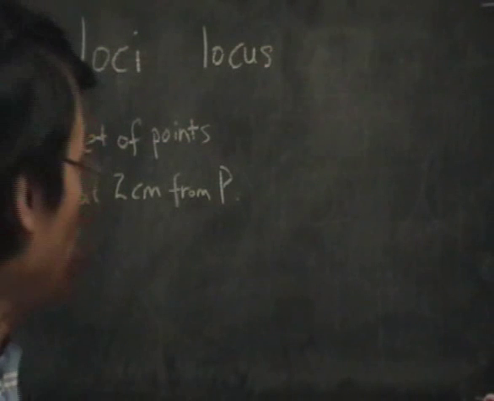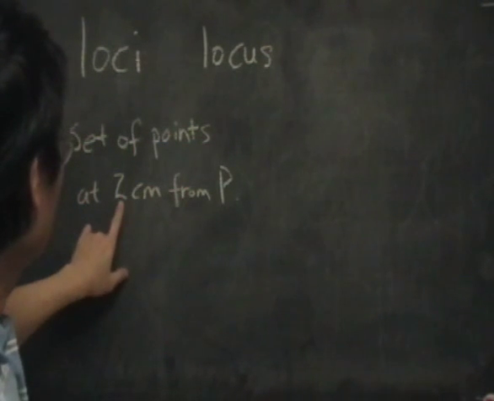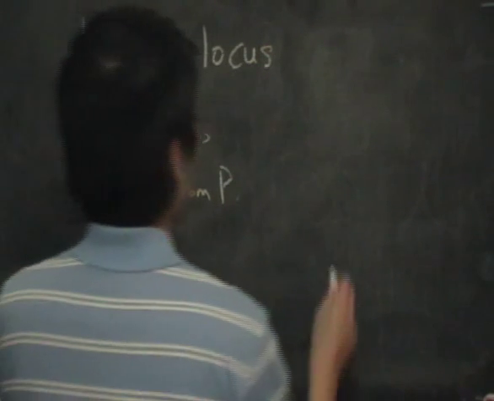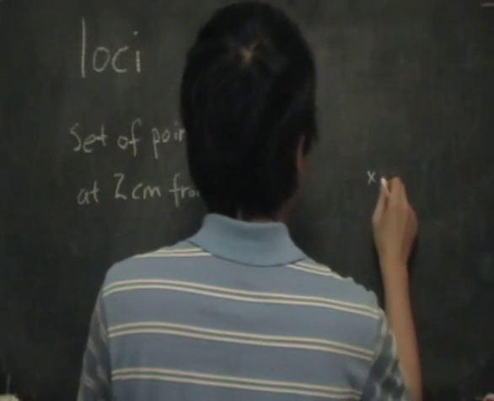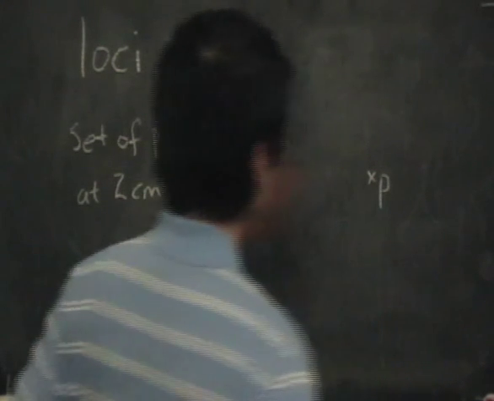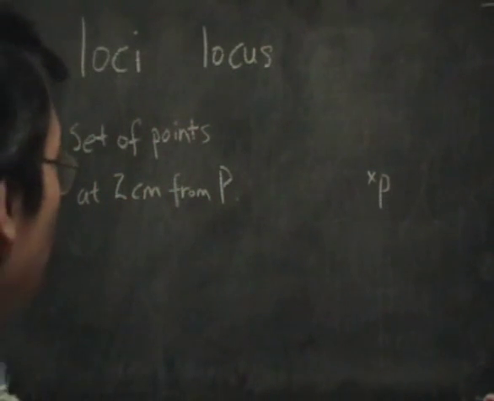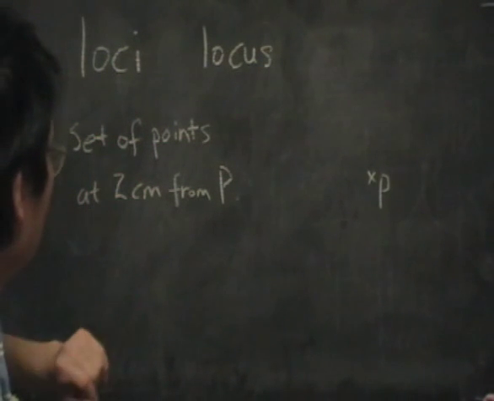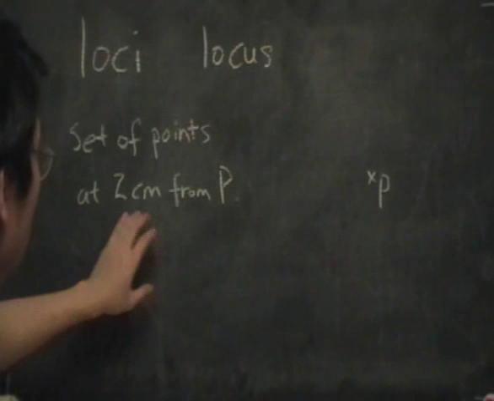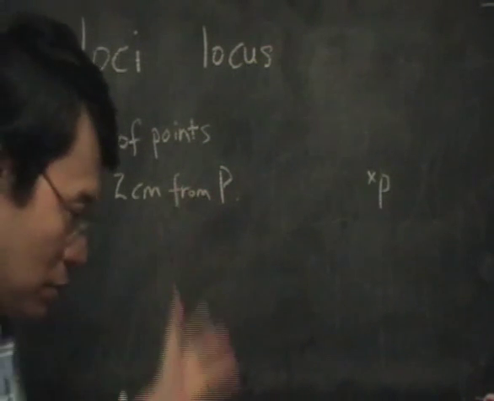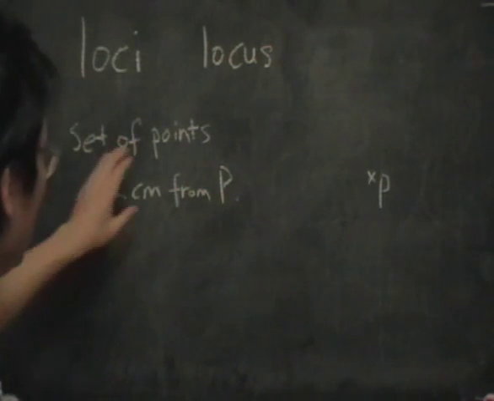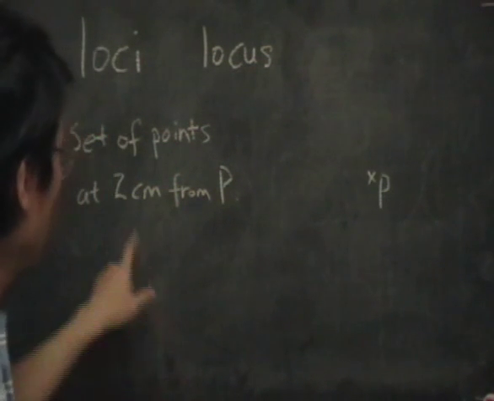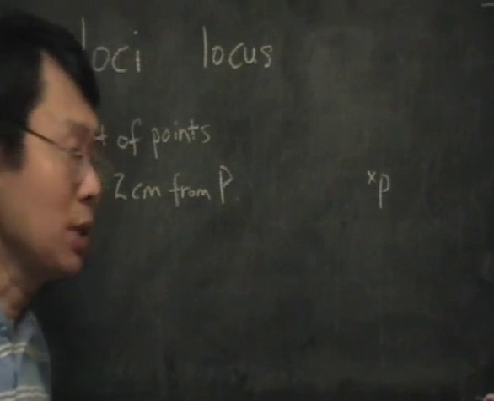Think about a set of points at 2 centimeters from P. The P is a point here. Alright? So we have a point P, and we want to think about a certain set of points. Now, all of these points must be at a distance of 2 centimeters from P.